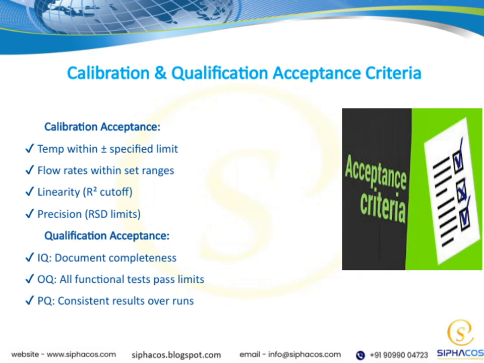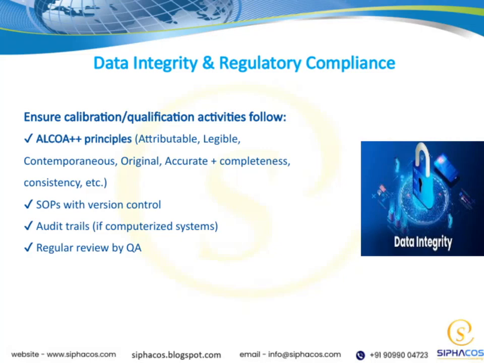Connecting all these points, it's clear that both calibration and qualification are vital to ensure our equipment performs accurately and reliably. This systematic approach supports the overall quality and compliance of our processes, ensuring that everything functions as it should every time.